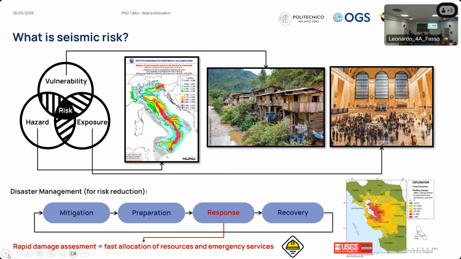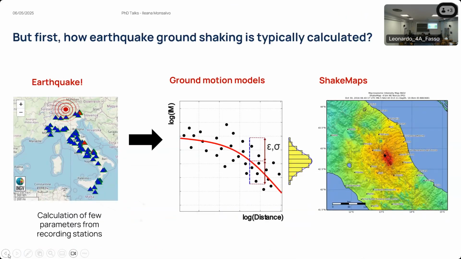So, in order to calculate this type of maps, first it's important to understand how much the ground shook after an earthquake. This is done typically by this procedure. When an earthquake happens, the seismic stations that are located in an area detect it, and they allow us to calculate the key parameters of an earthquake in a very fast way: magnitude and location.